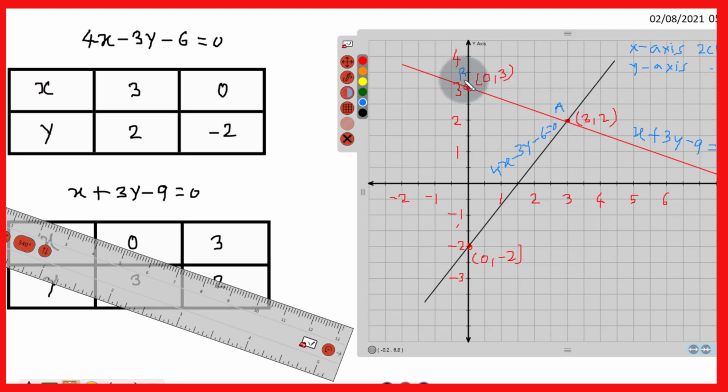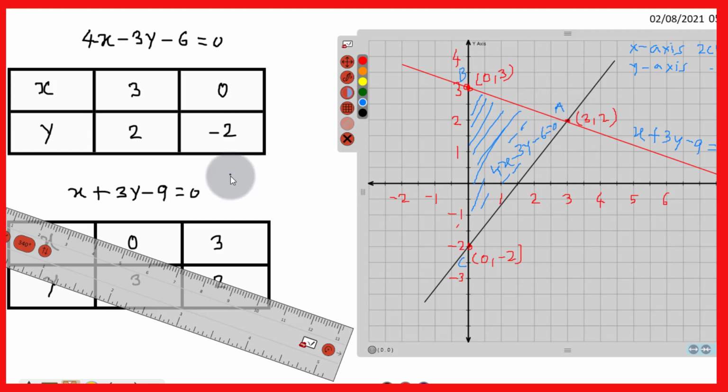Suppose this is point A, this point is B, and this point is C, and you have to write the coordinates of the triangle formed by these 2 lines and the y-axis. So this is that triangle, and we have to write the coordinates.